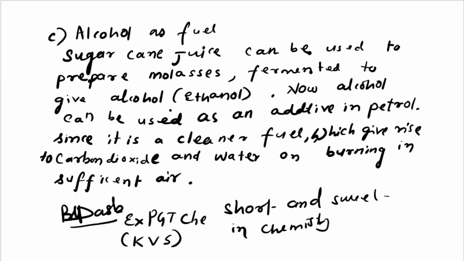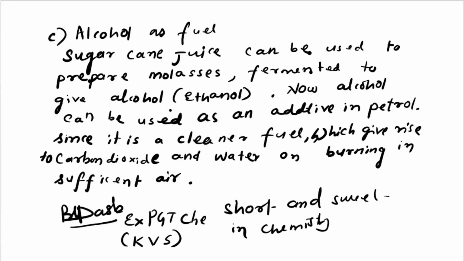And since it is a cleaner fuel, it gives rise to carbon dioxide and water on burning in sufficient air. If you are supplying sufficient air, then the carbon dioxide that is produced goes out. And here it is a cleaner fuel. Cleaner means clean.